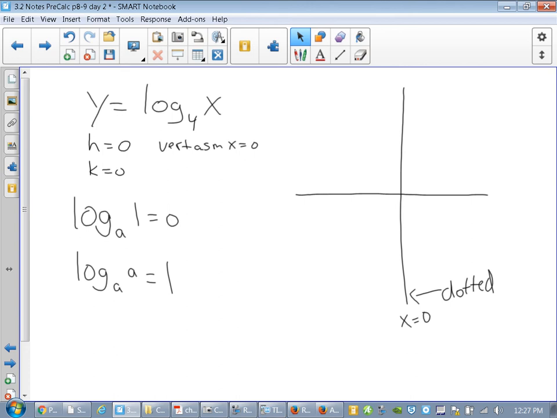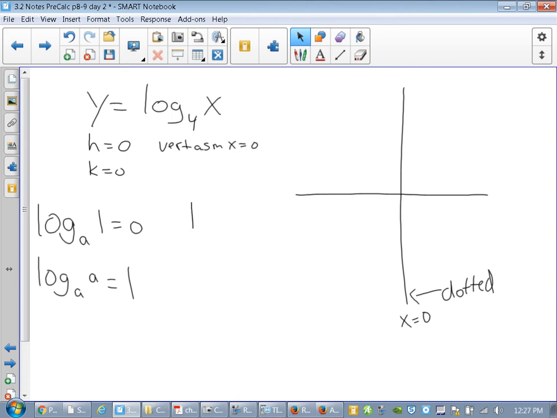So for the first ordered pair, the log base 4 of 1 is 0. So I know that at 1, it's 0. What's the second ordered pair I'm going to use? Yeah, 4. The second one would be at 4, because I use the same base. Log base 4 of 4 is 1.